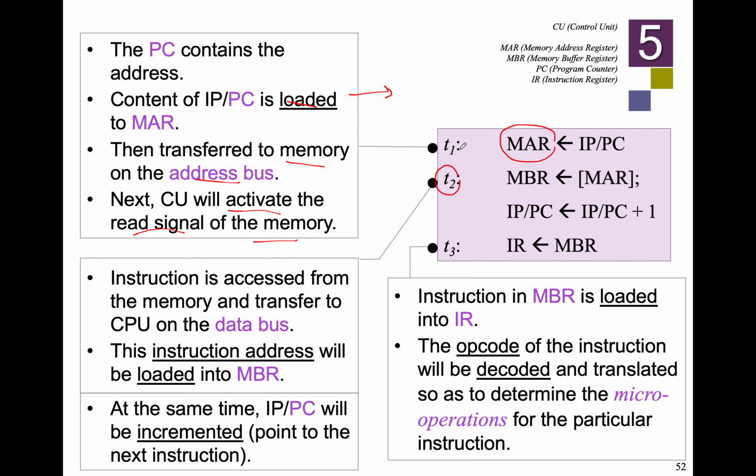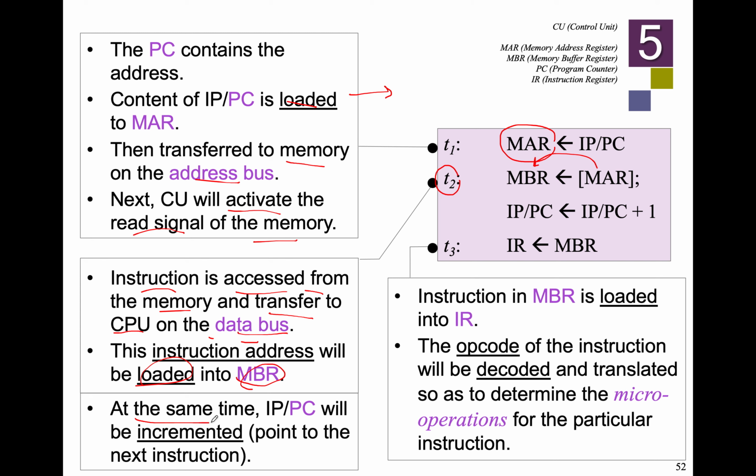Next is T2. The instruction is accessed from the memory and transferred to the CPU on the data bus. After you have transferred, you're going to load the value into your MBR.